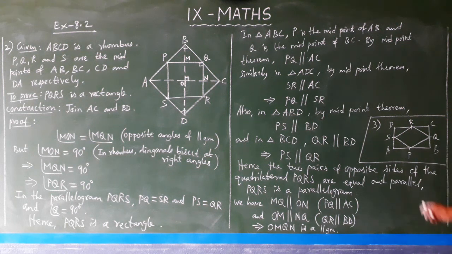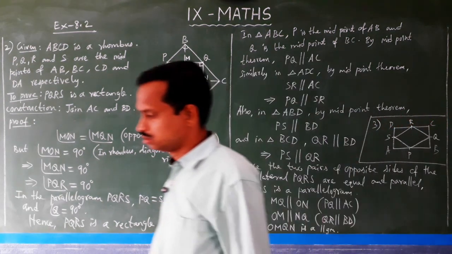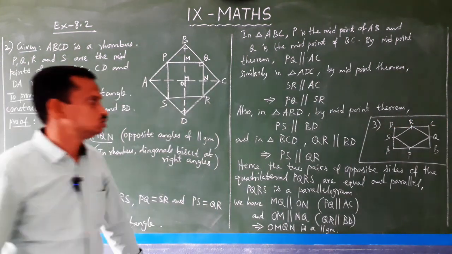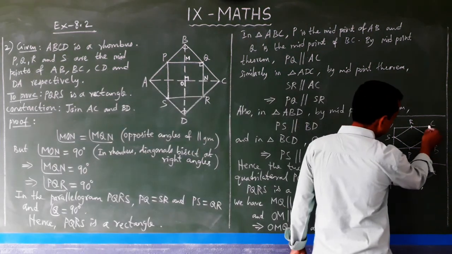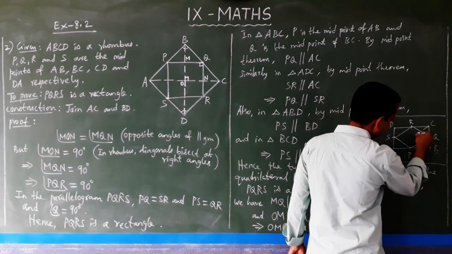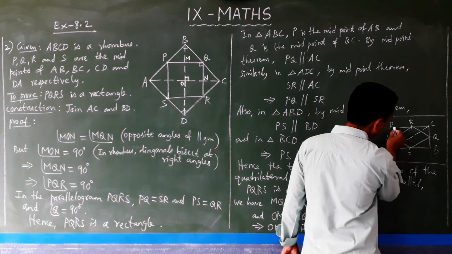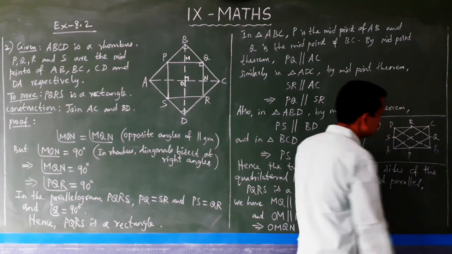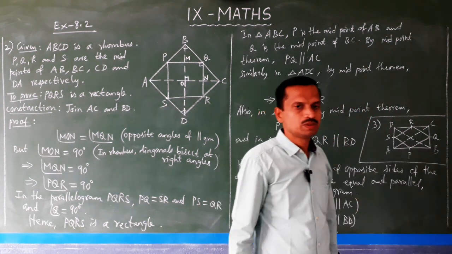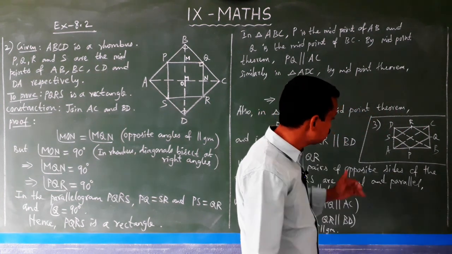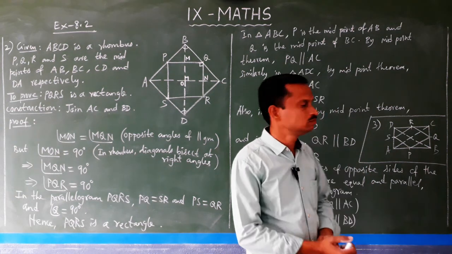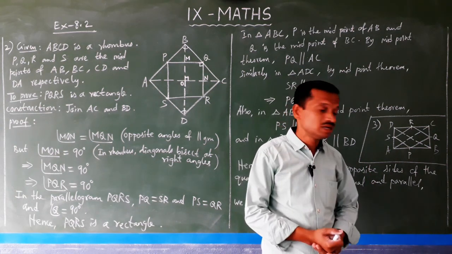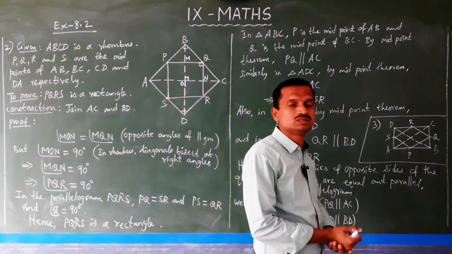For that I will give a clue: join the diagonals and apply the midpoint theorem. Then we can easily say that PQRS is a rhombus.